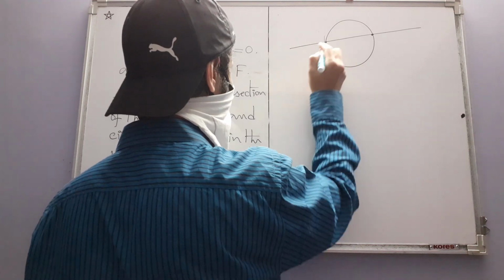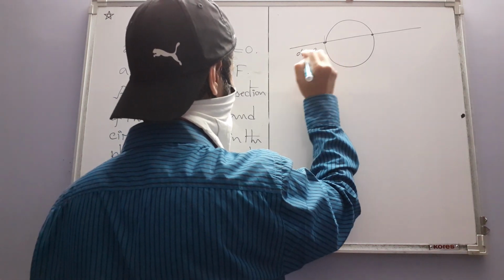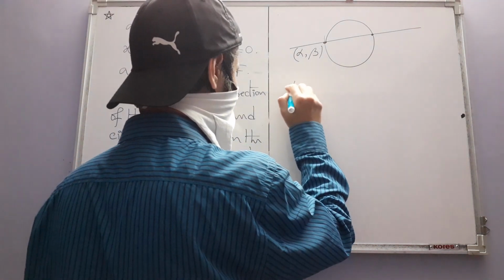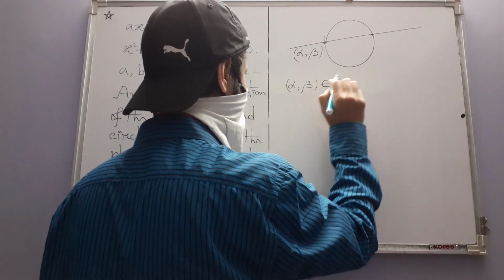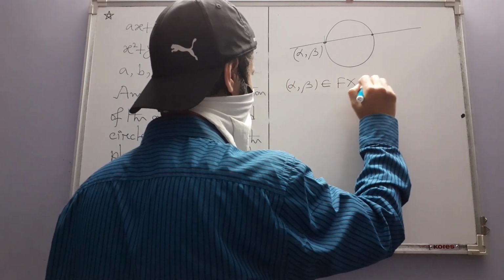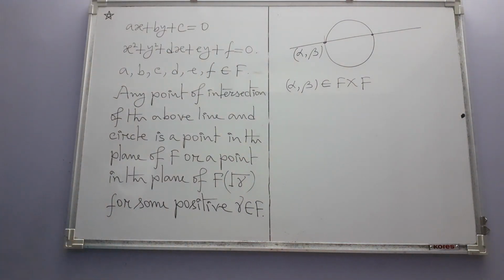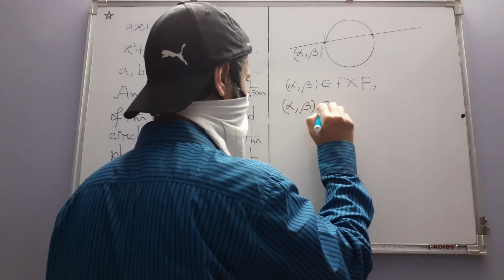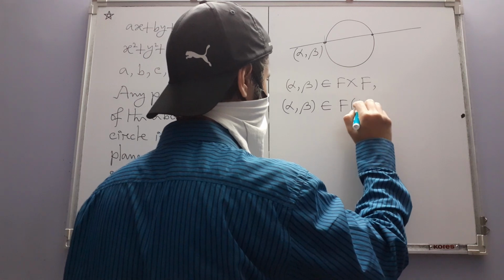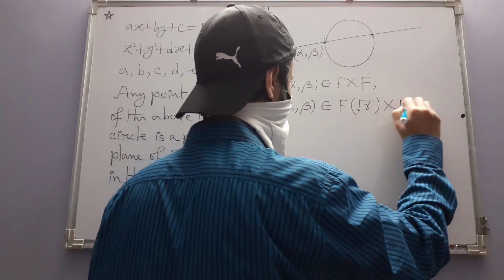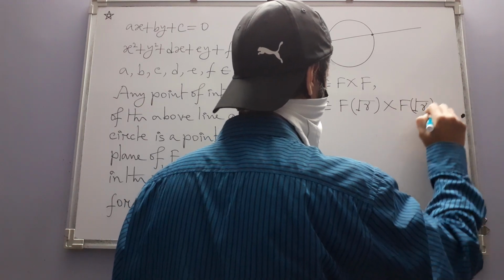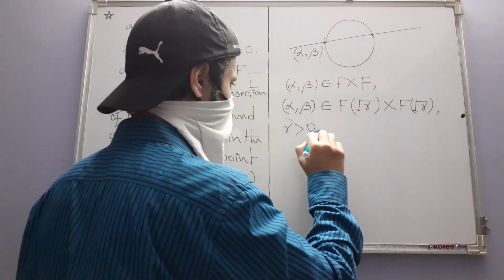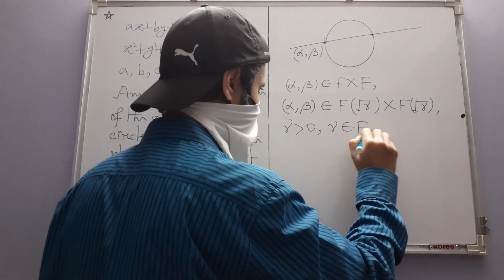Then say the coordinates of this point are alpha and beta. Then this alpha comma beta may be a point in the plane of F. That means it may come from this set, or it may come from here. For some positive gamma, which itself is an element of F.